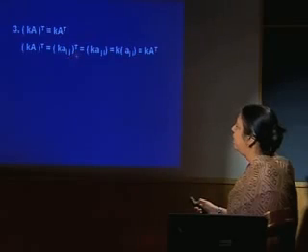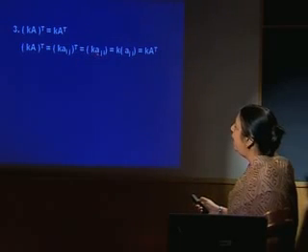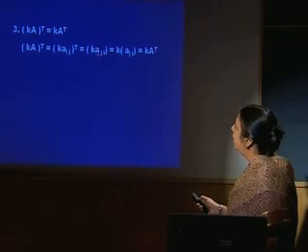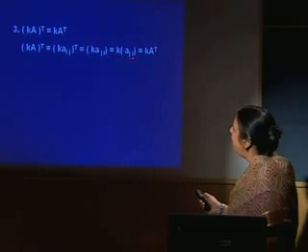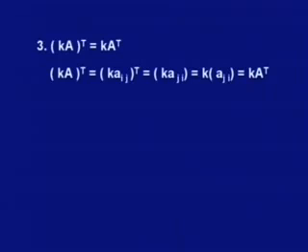Then the transpose of K Aij is: K is a scalar, so nothing will happen to it, but Aij will become Aji as we take the transpose, and this can also be written as K multiplied by Aji. I am taking K outside because it is common for all the elements. So finally what we have is K A transpose.